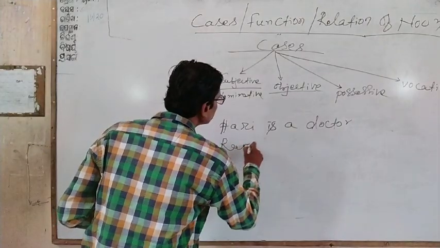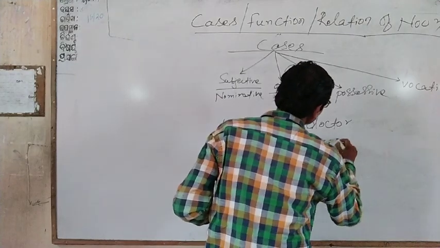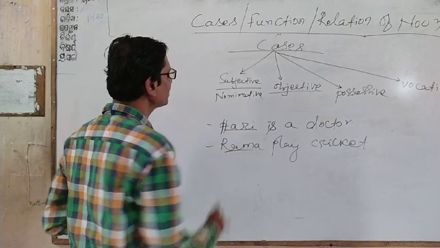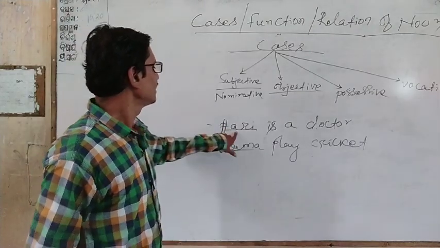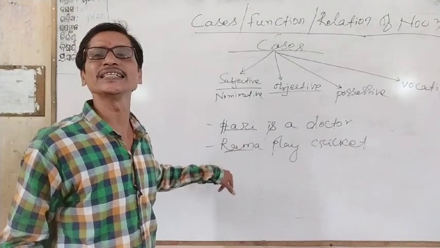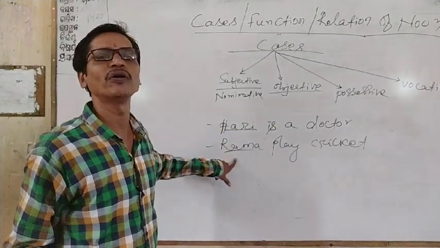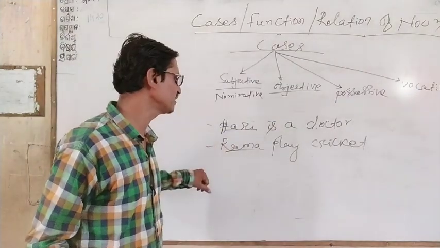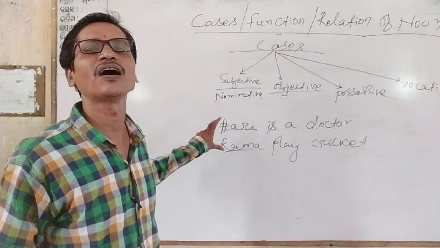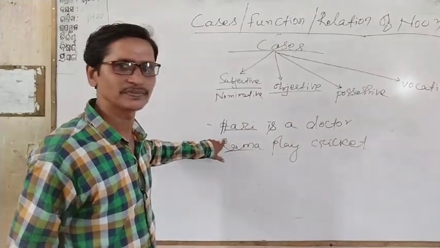Ramu plays cricket. So here you see in those sentences, Hari and Ramu are functioning as a subject. Therefore, they are called the subjective case or nominative case, we say.